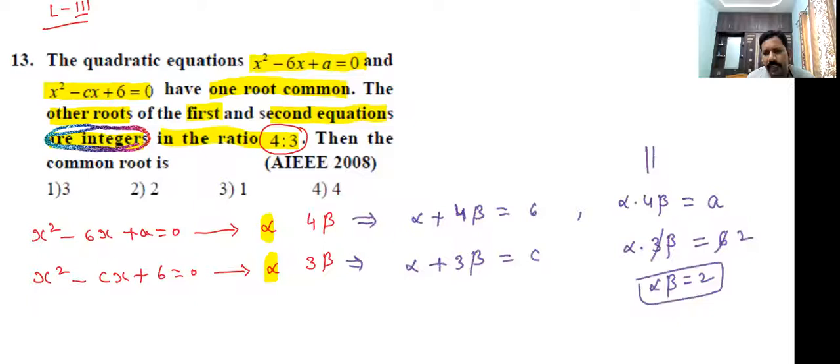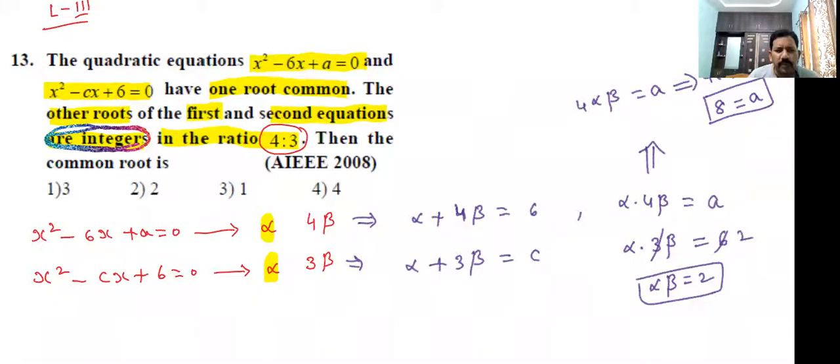And same like that here, alpha into 4 beta, 4 into alpha beta, that is equal to a. Then in place of alpha beta, substitute 2. 4 into 2 is equal to a. 4 2s are 8. a value is 8.